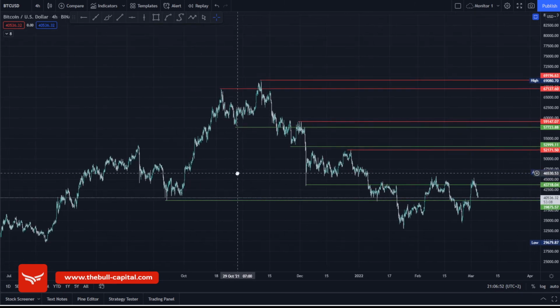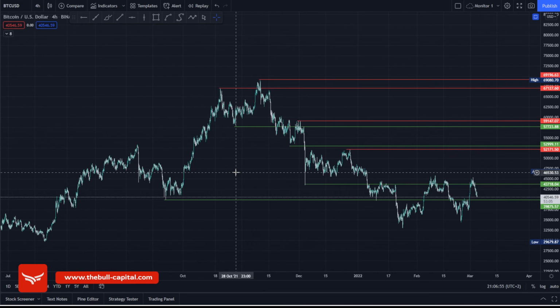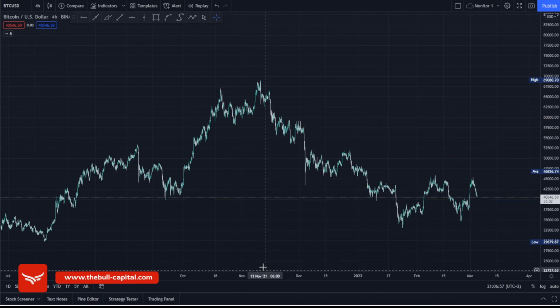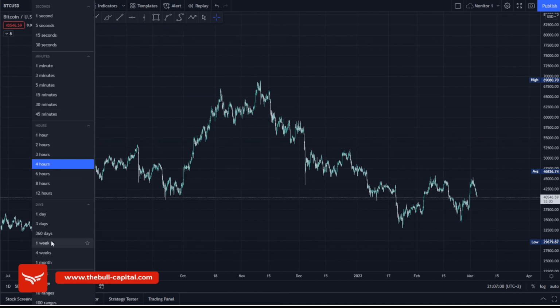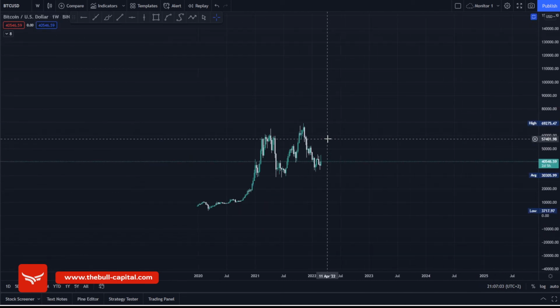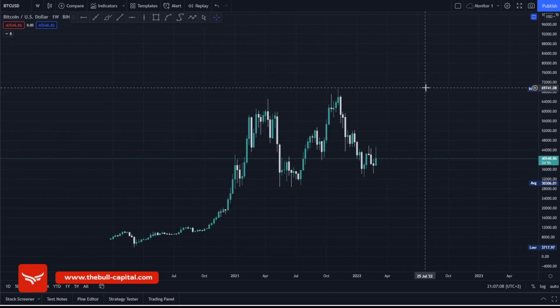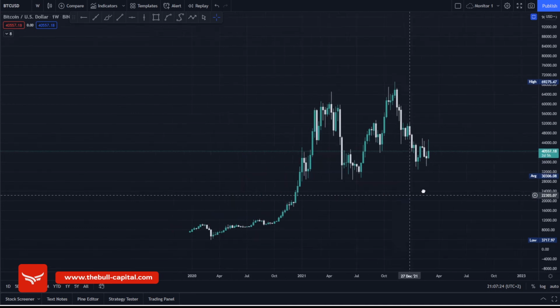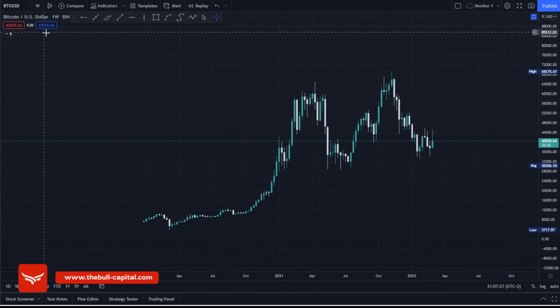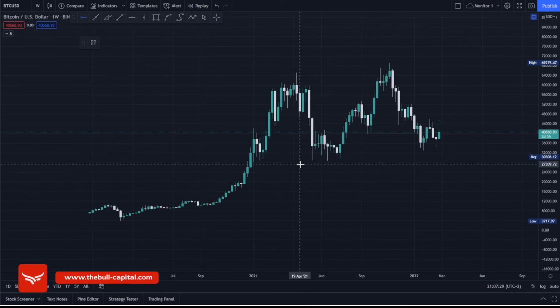The most important levels are from the higher time frames. For example, if I mark a level on the weekly, it's going to be stronger than a daily level, and a daily level is going to be stronger than a 4-hour level, but weaker than a weekly level. What that means: if I mark a level on the weekly, it's a weekly level.